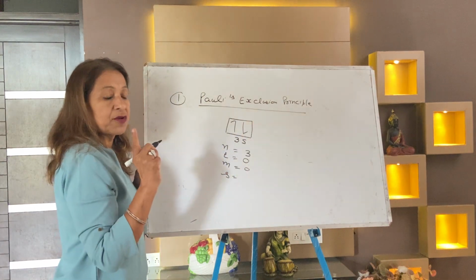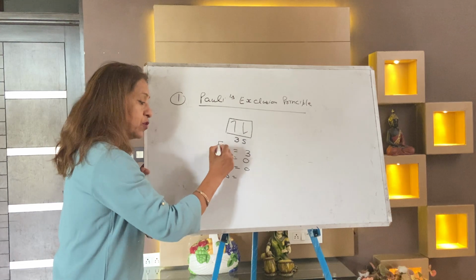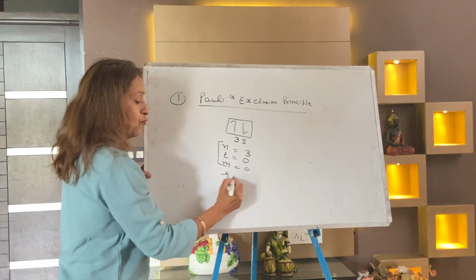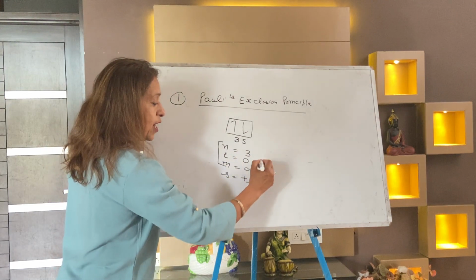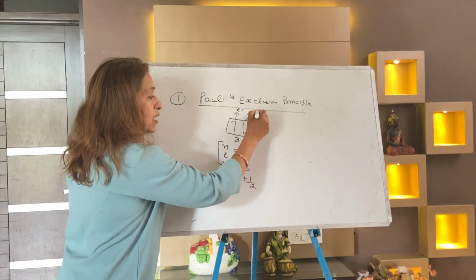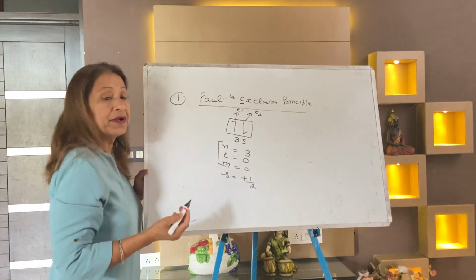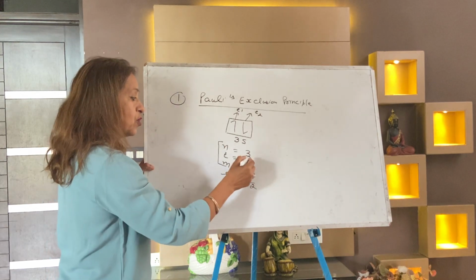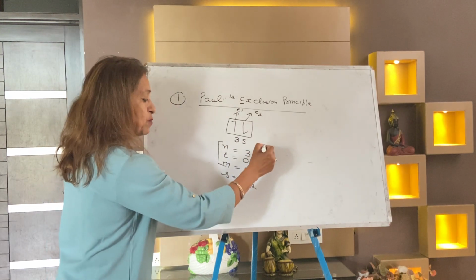Only 2 electrons are filled in the orbital having 3 quantum numbers the same, but the 4th quantum number either +half or -half. Let this be electron 1 and this electron 2. What are the quantum numbers of electron 1? n is 3, l is 0, m is 0, s is +half.